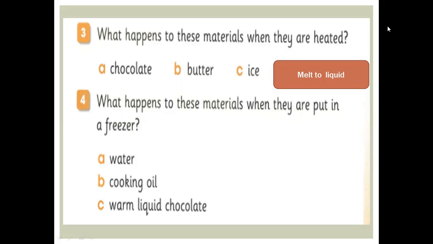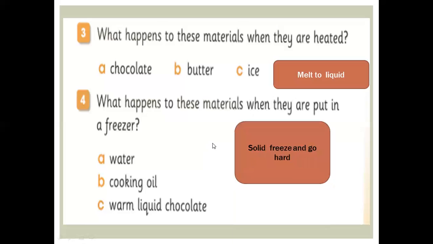What happens to these materials when they are in a freezer? First of all, number A, we have water, cooking oil, warm liquid chocolate. What will happen to these things when we put them in the freezer? They will change to solid and go hard.